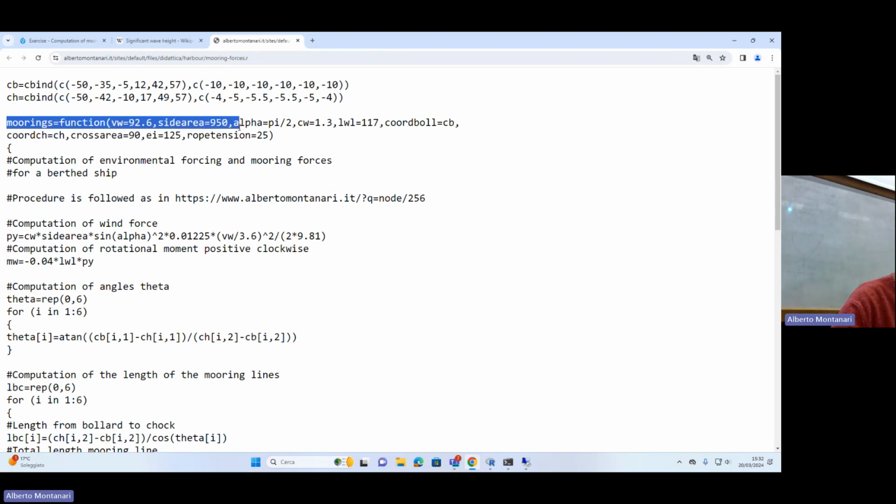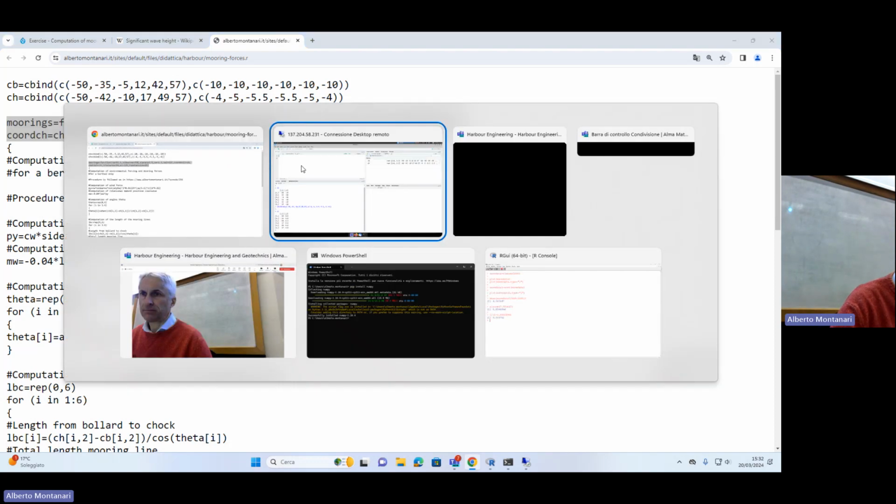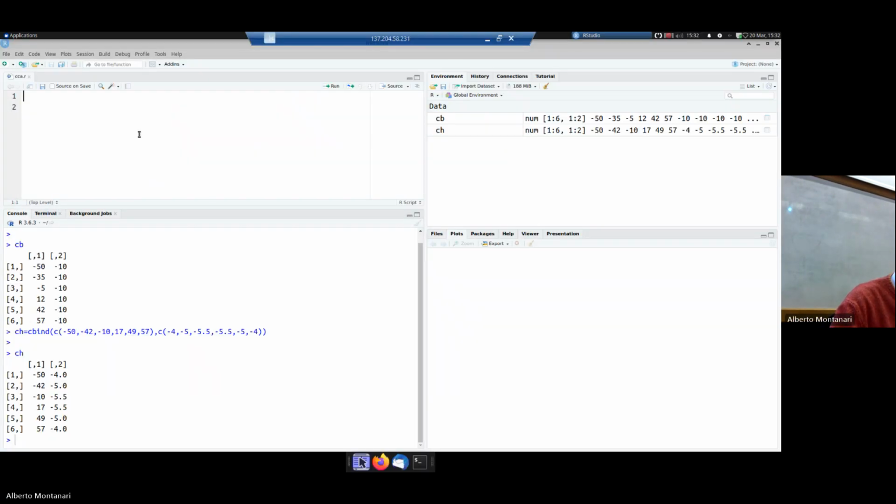It's a function, and then I give the arguments. Let me copy it, and let me paste it now, okay? Now, let's look at this instruction here, which I placed into the script. Again, not in the console, because this is something that I prefer to save.